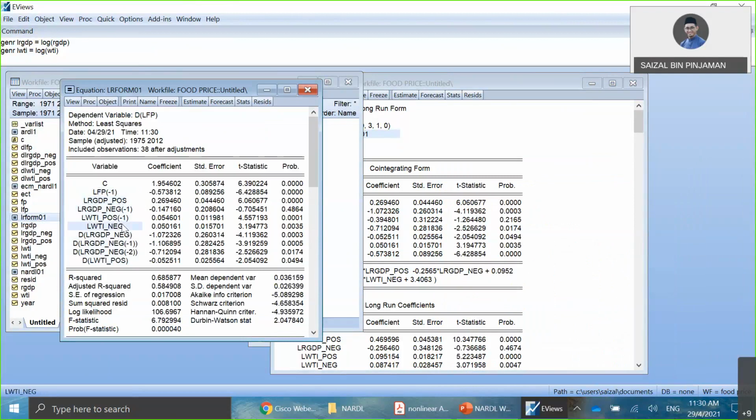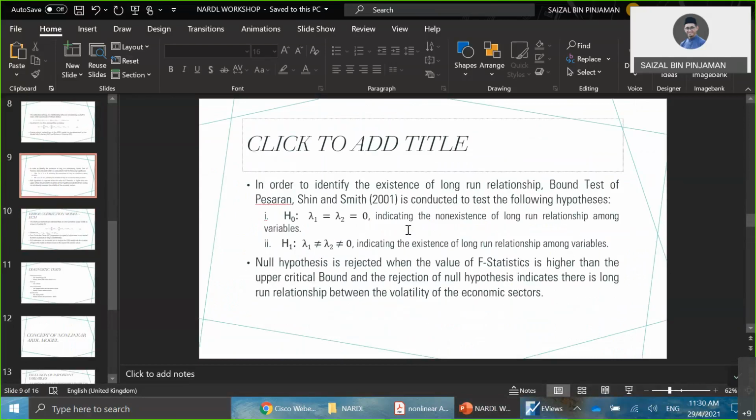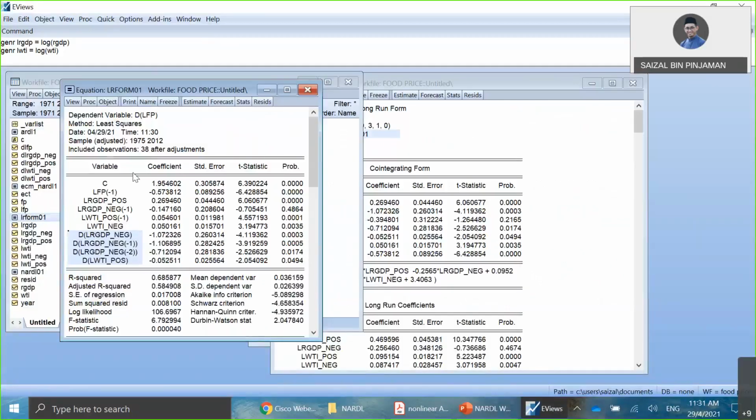The long run relationship is not in its difference form. The short run relationship is indicated based on the difference form, just like what we have here. This is the short run, and this, on the other hand, is the long run. But as I mentioned before, they present the same answer.